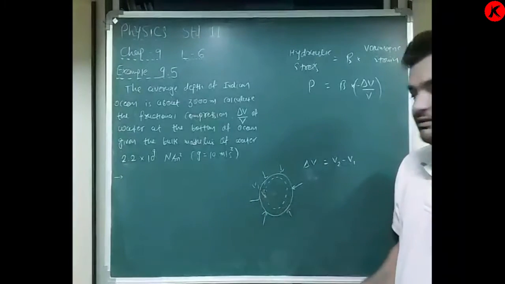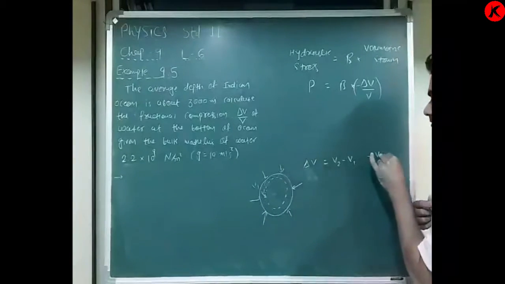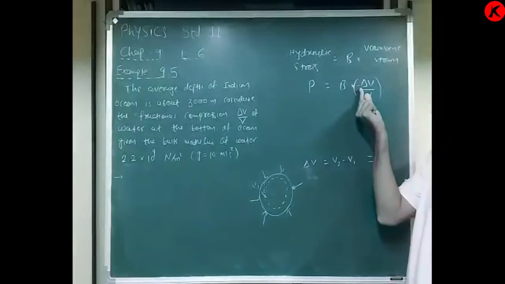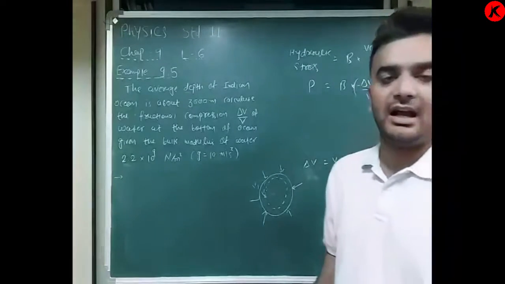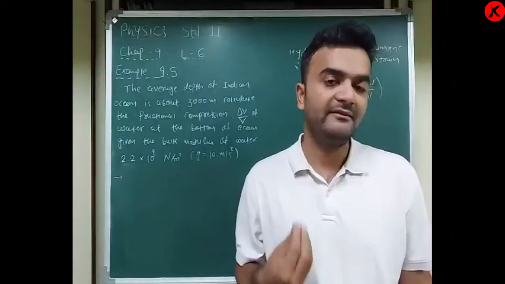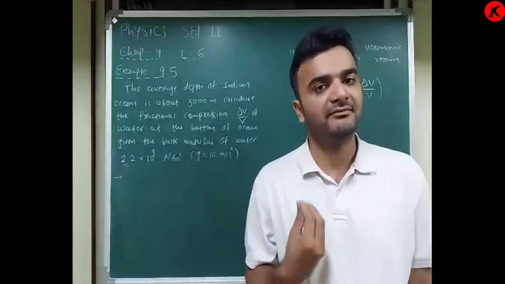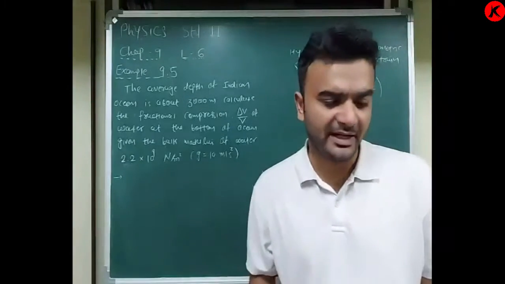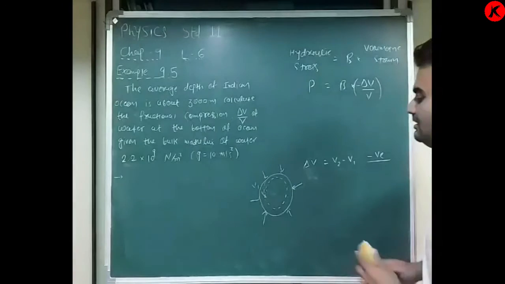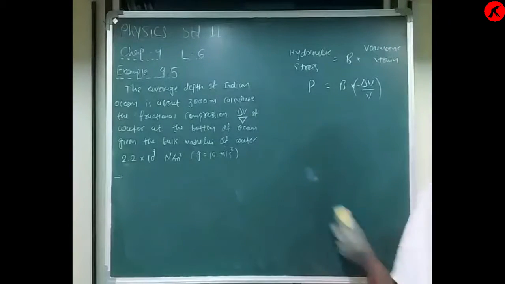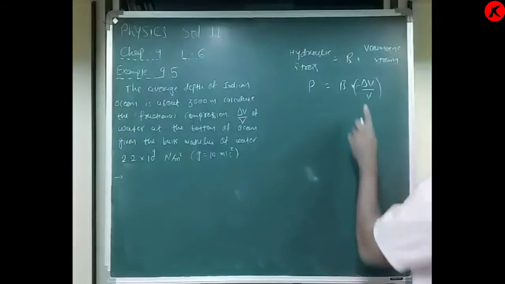So V2 is less than V1, so delta V will be negative. But here I only want to find the value, so no need to write minus. Let's remove this minus.